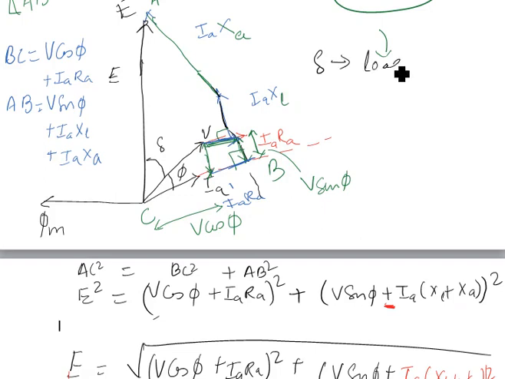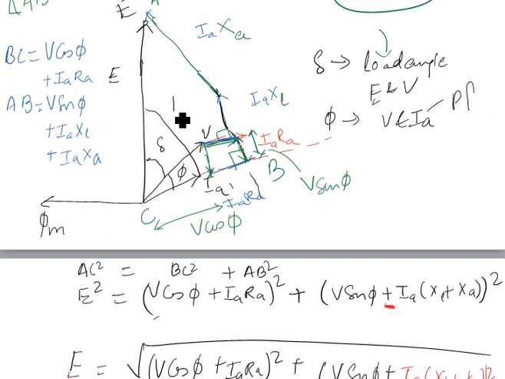I have already discussed this in torque production: load angle is nothing but the angle between E and V. Phi is the angle between V and IA, the armature current, and is the power factor angle. This whole angle is called psi. Psi is the angle between E and IA, and this is called the internal power factor.